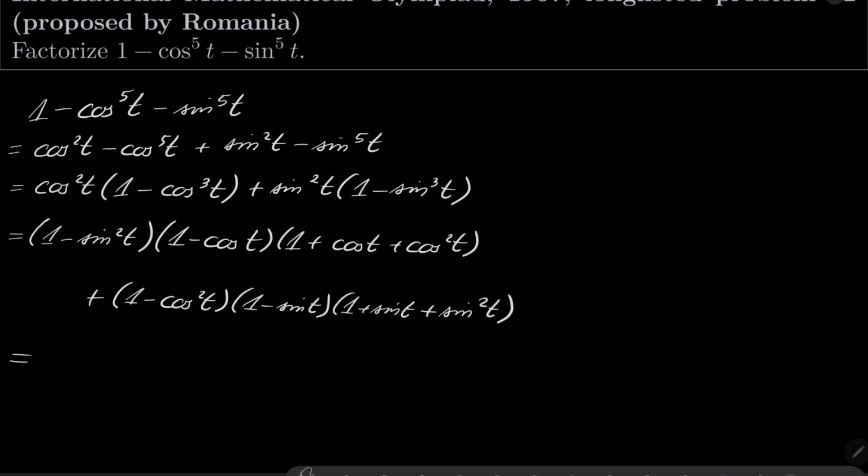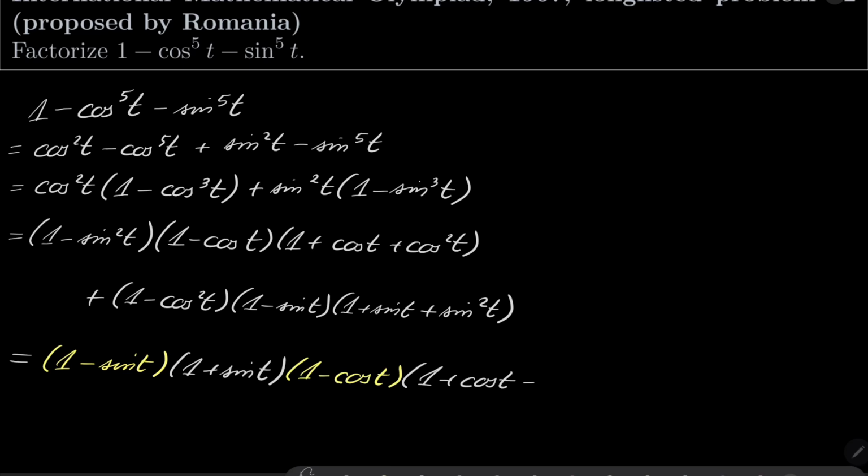Alright. What else? Now I will take 1 minus sine squared and I will write it as 1 minus sine times 1 plus sine, sorry. Then I will have 1 minus cosine and 1 plus cosine squared of t.